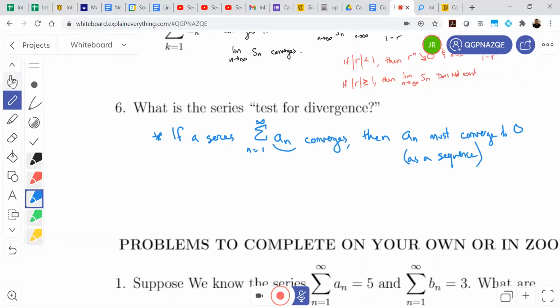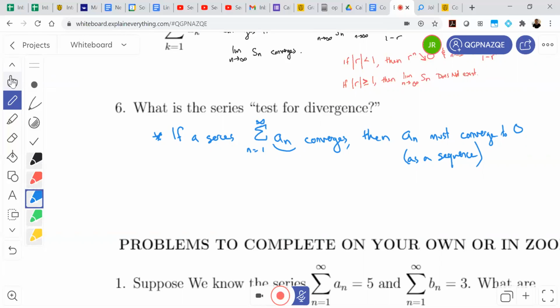Right, so what we have here, we're talking about two different kinds of convergence. We're saying if our series converges as a series, then the individual terms of the series, the a sub n, must converge to 0 when considered as a sequence.